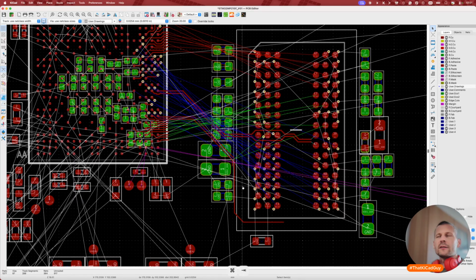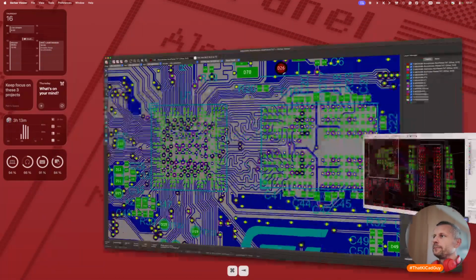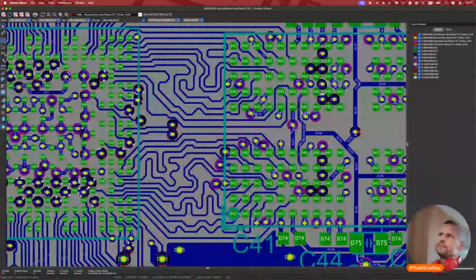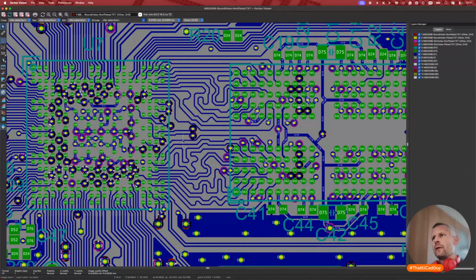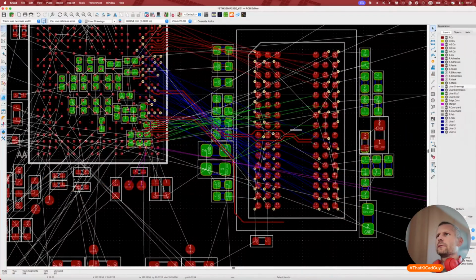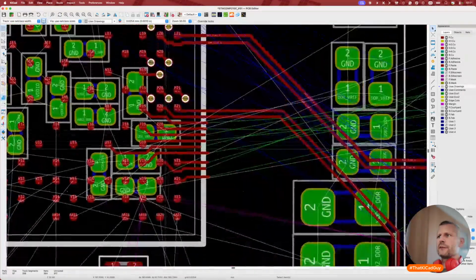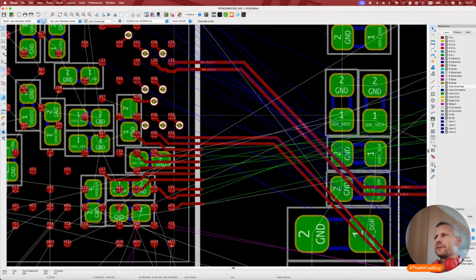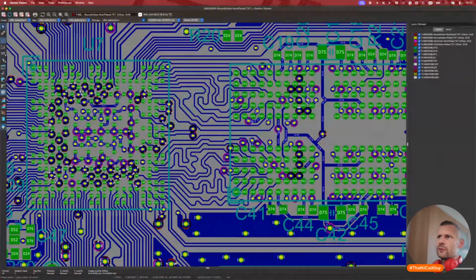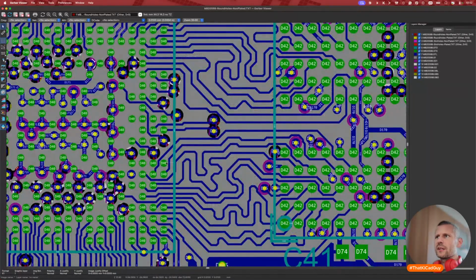How did they distribute the clock? What is the clock? What are the clock pads? These two. It means 1, 2, 3, 4. There is a gap. 5, 6, 7. 1, 2, 3, 4. Gap.